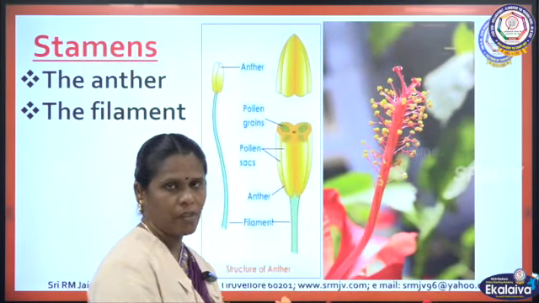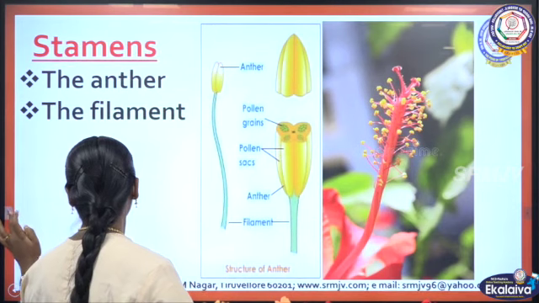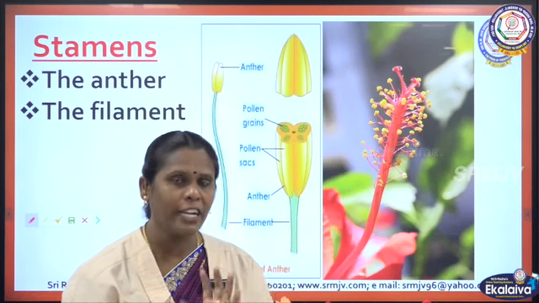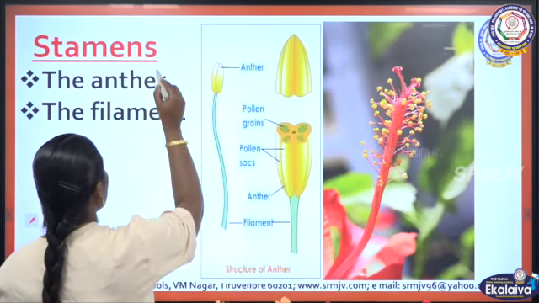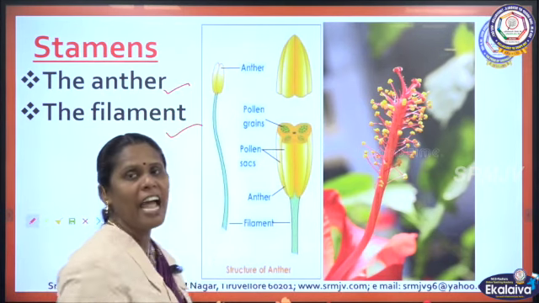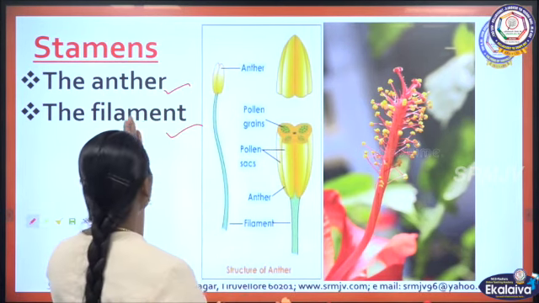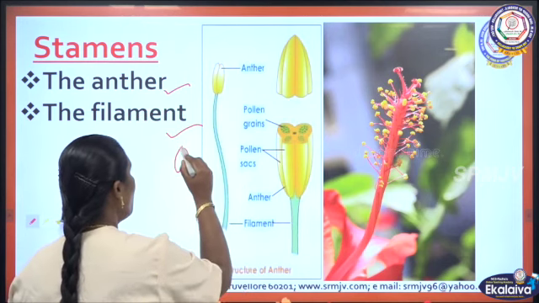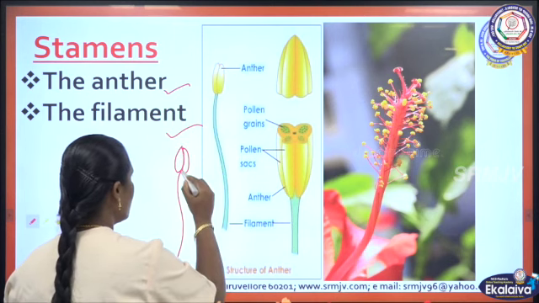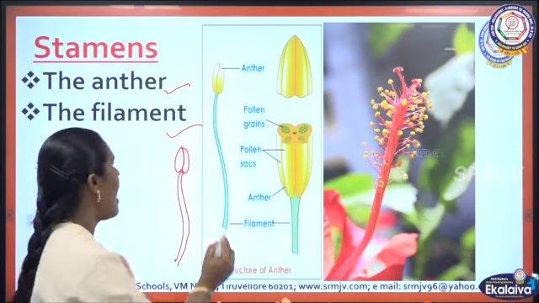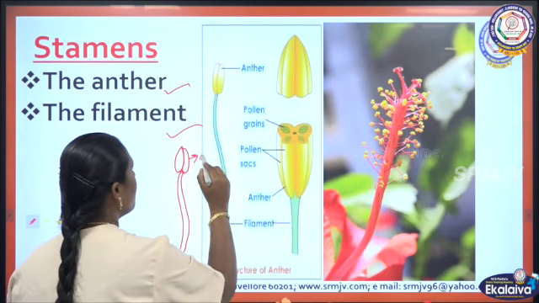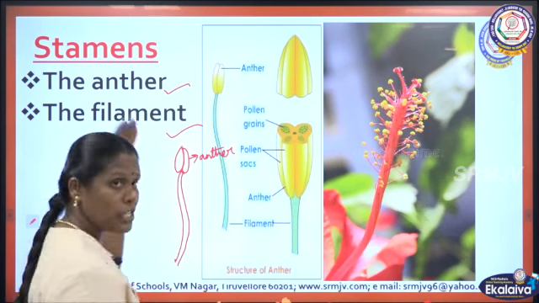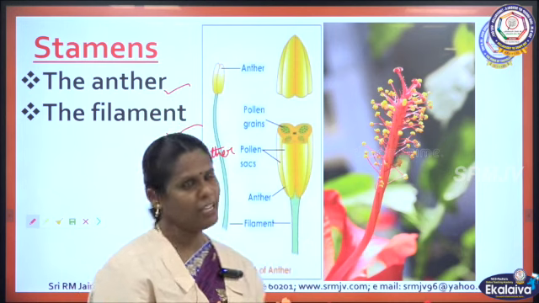Next, stamen. Stamen is the male reproductive part of the plant, right? The stamen consists of anther and filament.